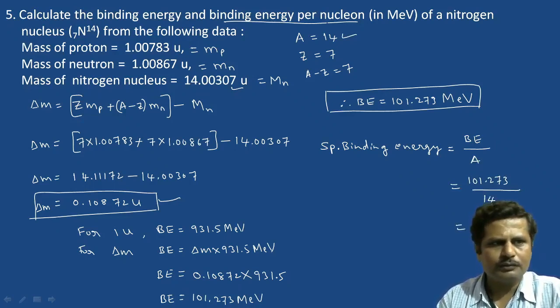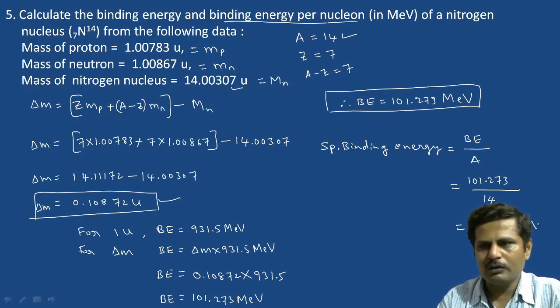So therefore 101.273 divided by 14 is equal to 7.231 mega electron volt. This is the specific binding energy, binding energy per nucleon. So therefore specific binding energy is equal to 7.231 mega electron volt.